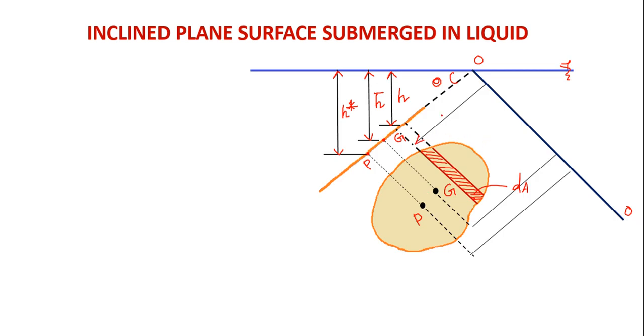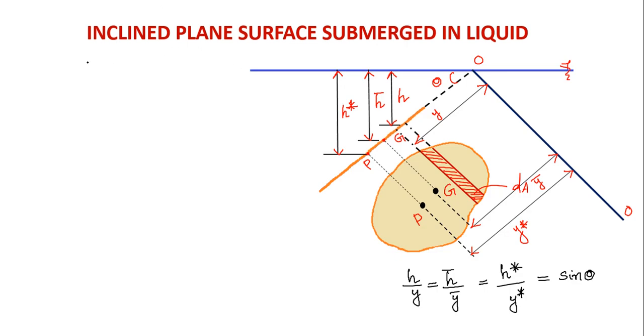Let this distance be y, this one y bar and this y star. Using the concept of similar triangles, we can write h by y is equal to h bar by y bar, which is equal to h star by y star, which is equal to sine theta.